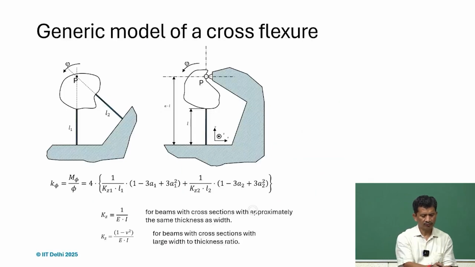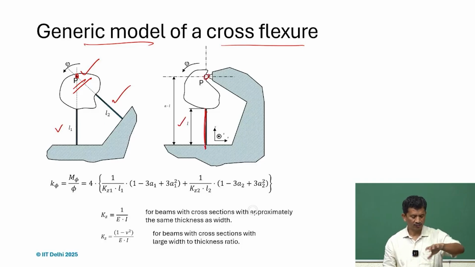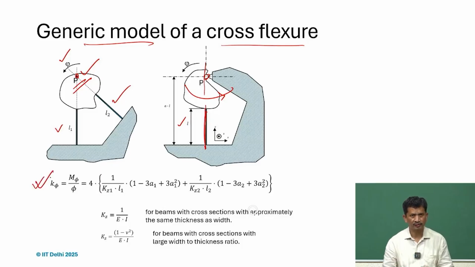So yes, we can have a very generic model, with L1 and L2 intersecting at P, and this will be the instantaneous center of rotation. Similarly, we can have just one leaf spring over a length, pivoted at P. We can write the equation; this can also bend like this. If we apply a moment, there will be angular deflections, and overall we can get rotational stiffnesses.